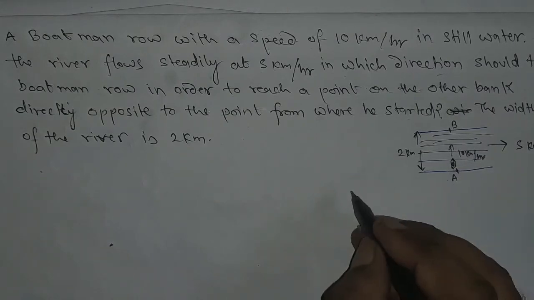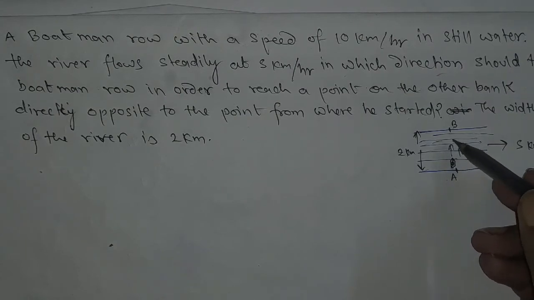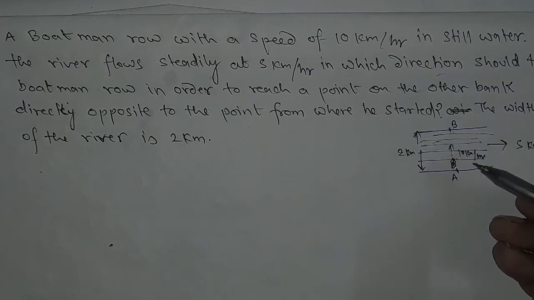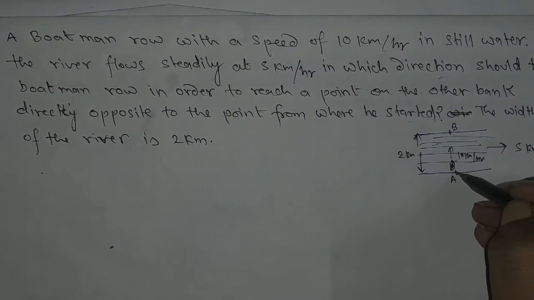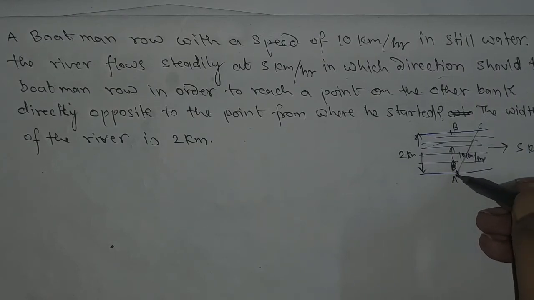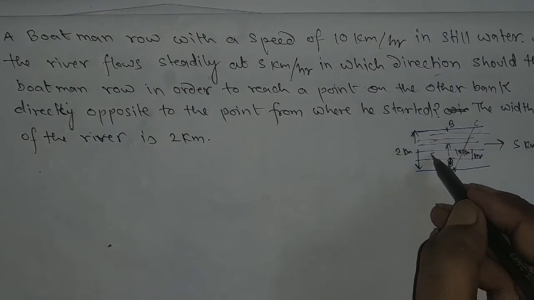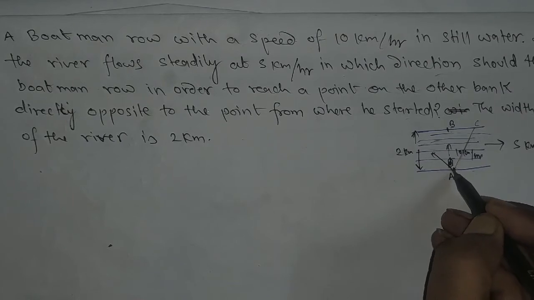Now students, see here again, the question is asking in which angle the boatman should row his boat in order to reach exactly at point B. See, if the man rows directly, then he will reach somewhere here at point C. Now in order to reach point B, the boatman should row his boat towards this direction.